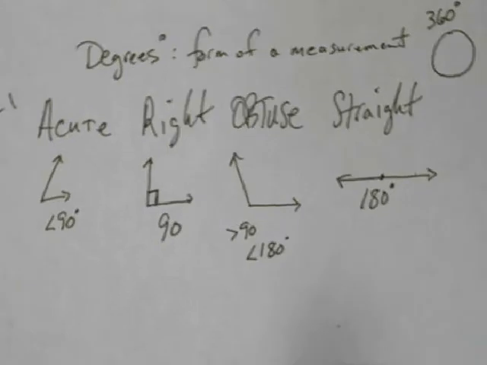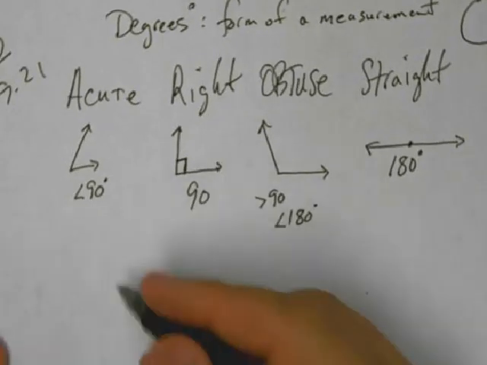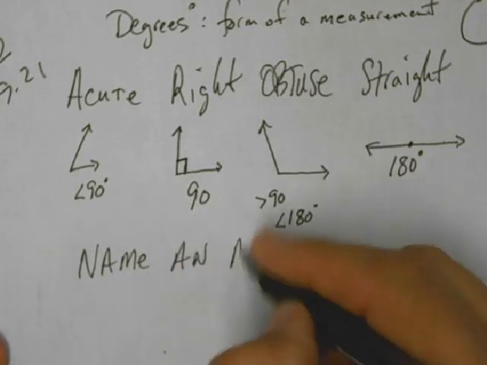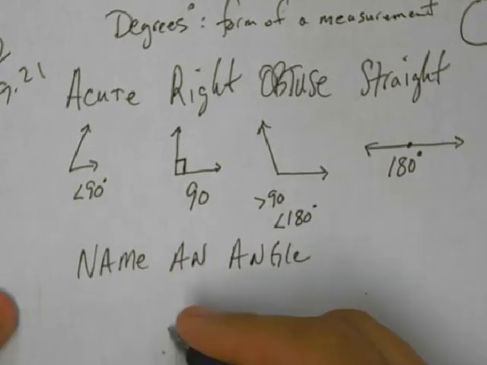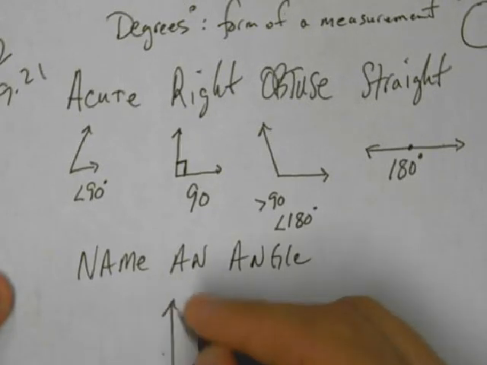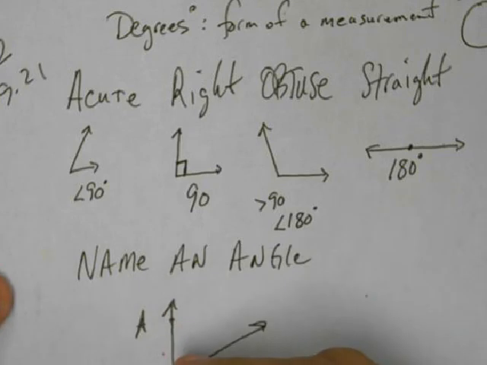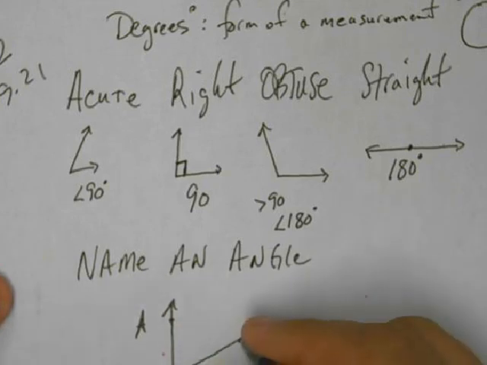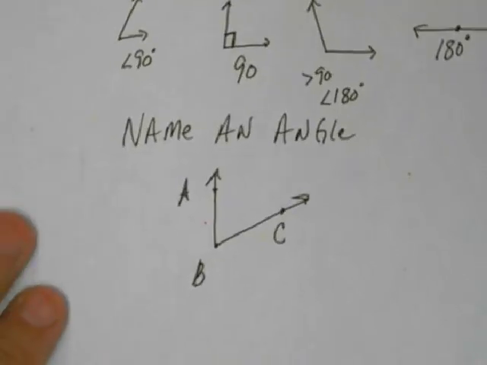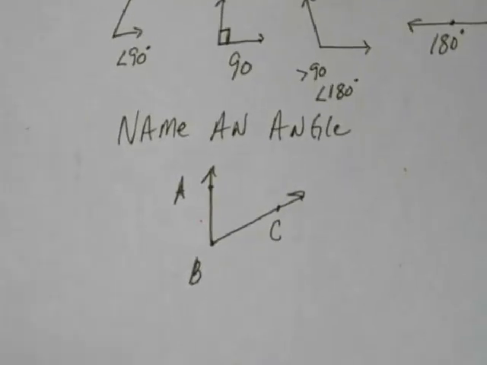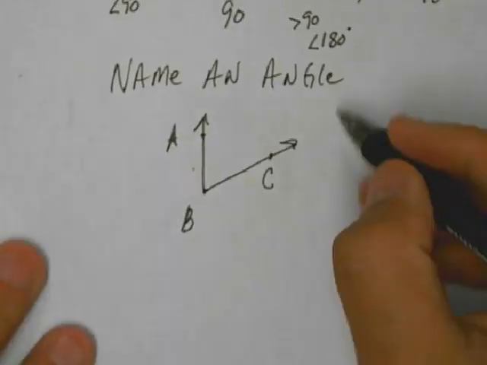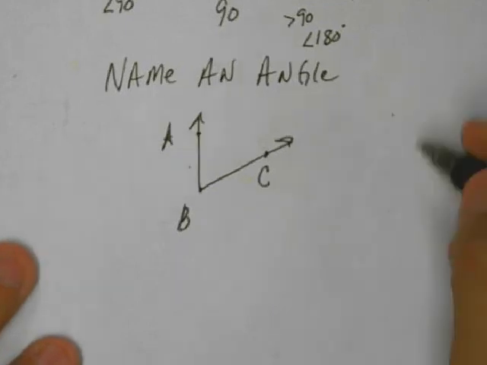All right, so how do we name an angle? There's a process to it, and I want to teach you. Let's start with an acute angle, and I'm going to say this is angle ABC. The proper way to name an angle is you have to know where the vertex is.